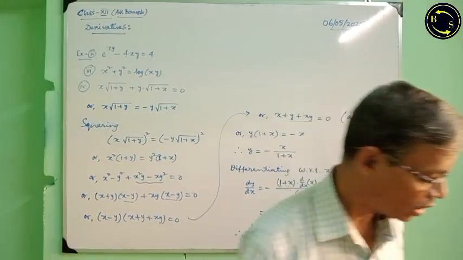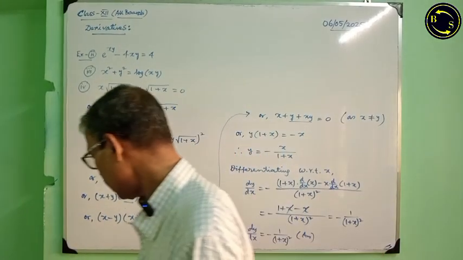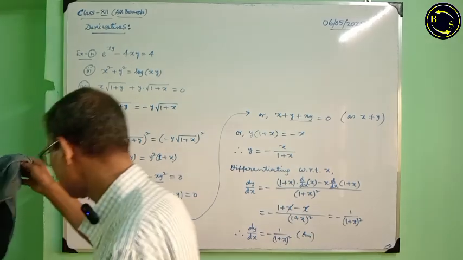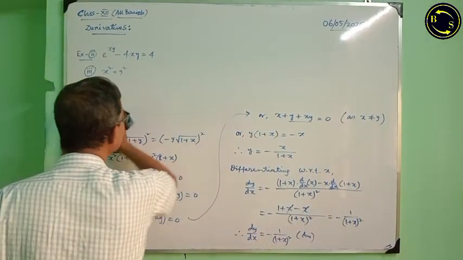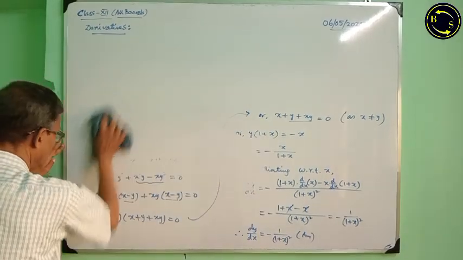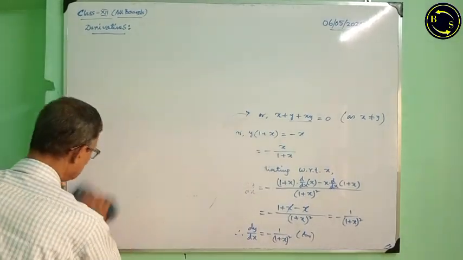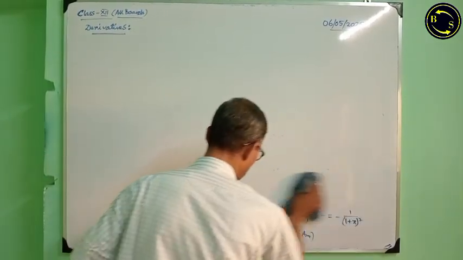Now, I move to discuss next rule of finding derivative. Actually, we have not discussed still how to find derivatives of different types of functions or different forms of functions.